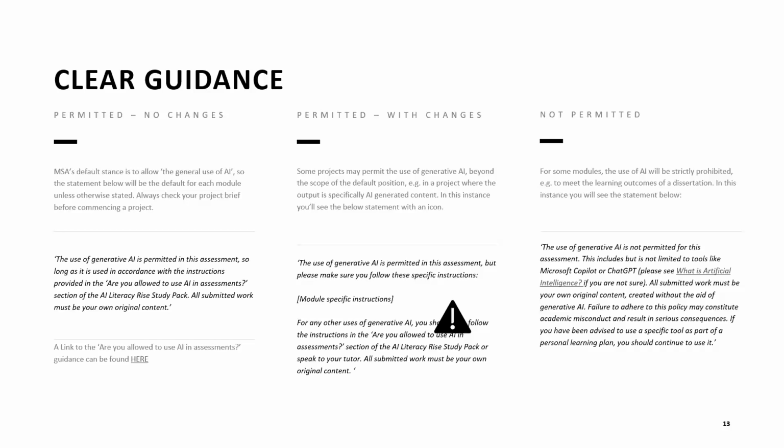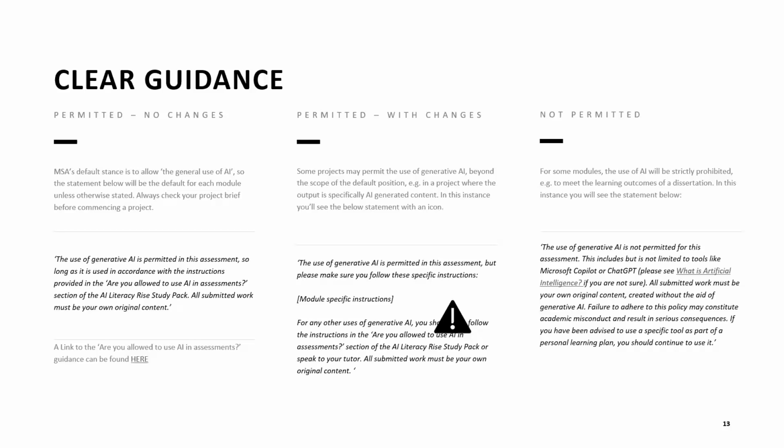So the default stance by our school is that you can use AI. AI is permitted with no changes. And basically that just means what we said on the previous slides, the things you can use it for, like design ideation, research, stuff like that. Again, there's a link here to more guidance. You can read through this at your own pace if you like. But you need to stay within that scope.